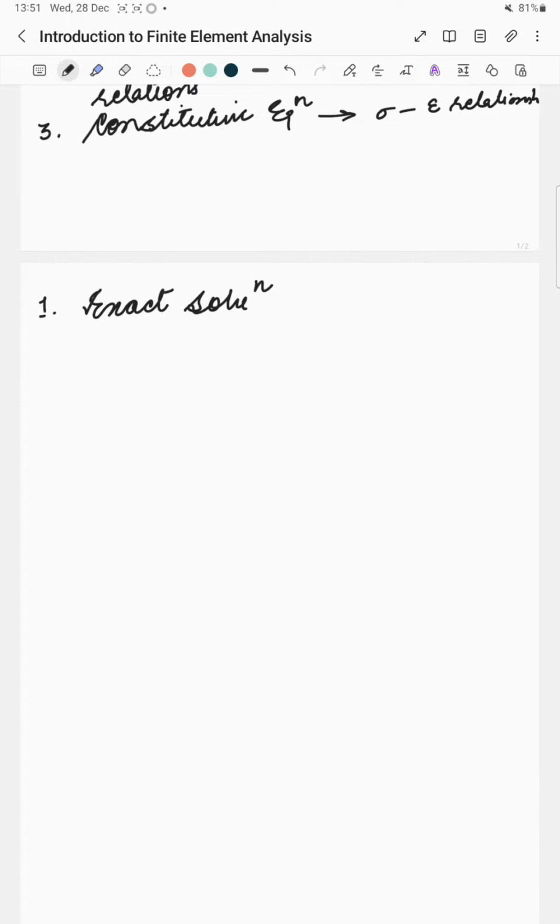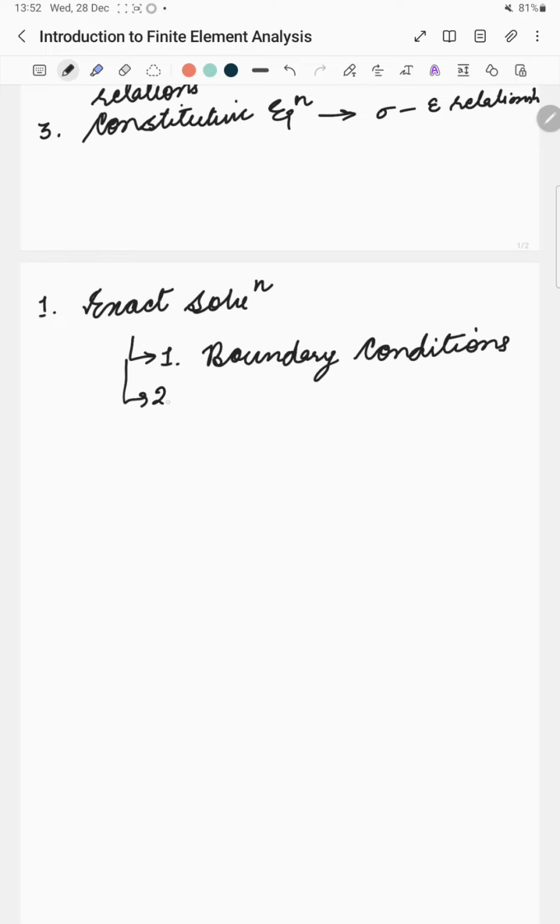So for the exact solution, I will have to satisfy all boundary conditions and the governing differential equation at each point in the domain.